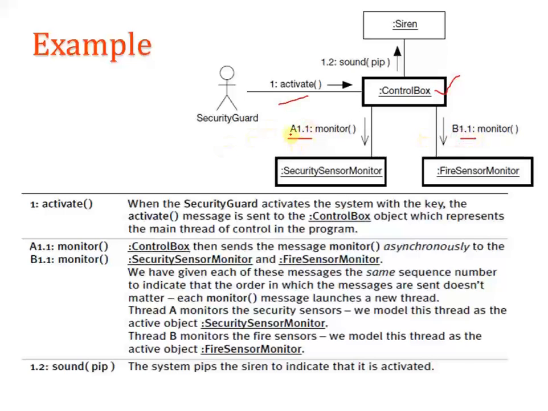But here we can differentiate by means of an alphabet, so A 1.1 and B 1.1. So the monitor message is triggered to both the security sensor monitor and the fire sensor monitor at the same time. And even after sending the message, both of these objects are active simultaneously. That's why you can see three different objects drawn with a heavy border.